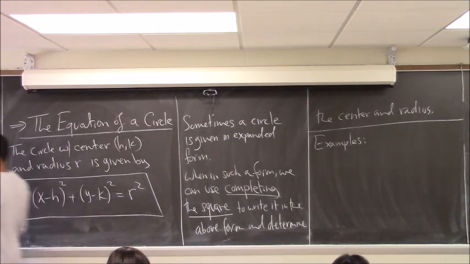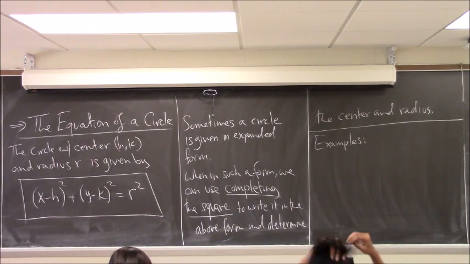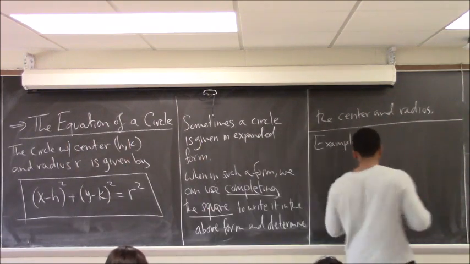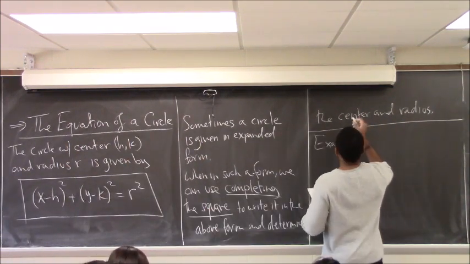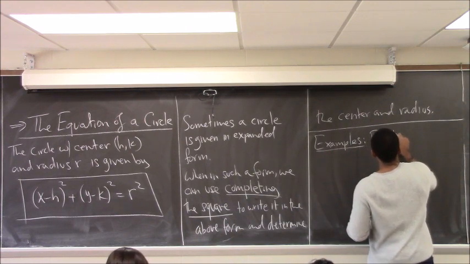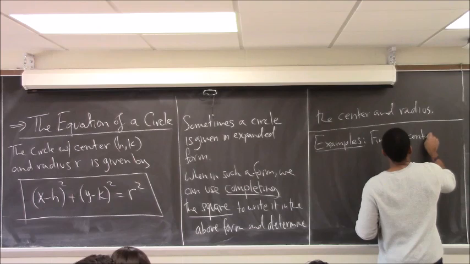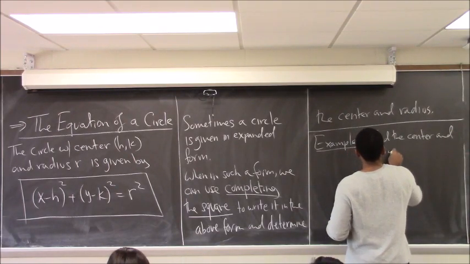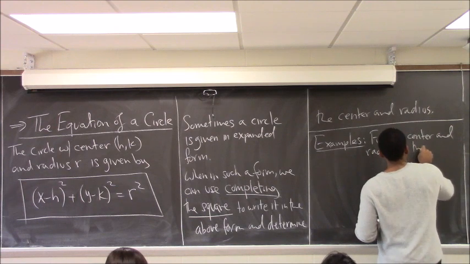So there were examples similar to this on the test in the bonus problem. So I guess if anyone attempted that, now they'll actually be able to know if they were right. Examples. Find the center and radius of the following.